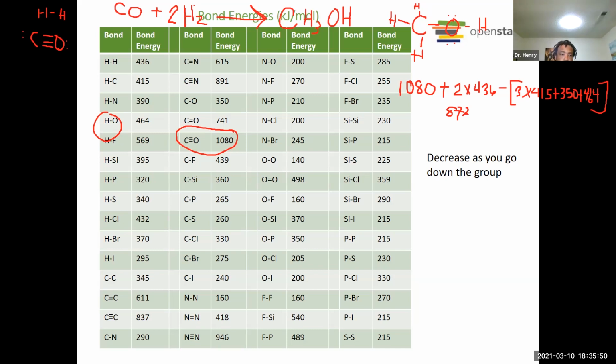So we have 14 times 3. This one is 1245, plus 350 plus 490, plus 350 plus 4.